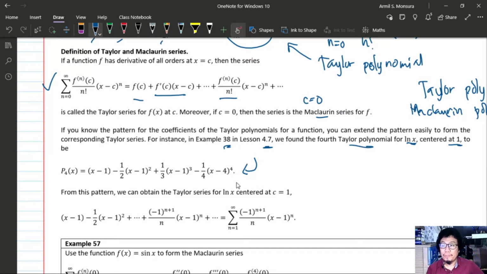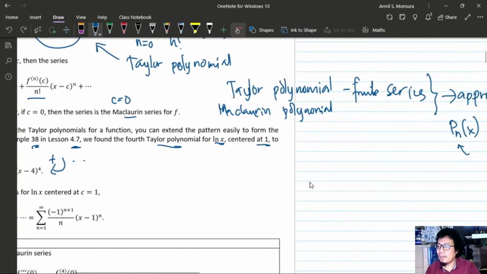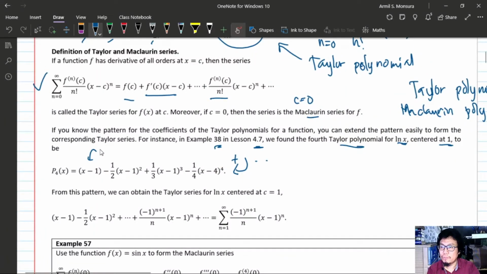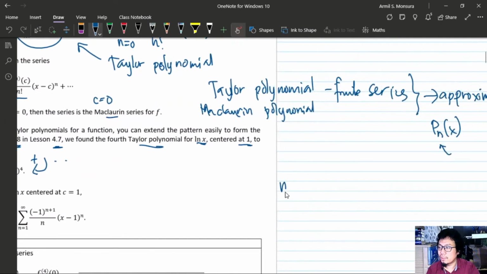Now, if we add all of the terms, this is just a fourth order polynomial. We can actually extend it to contain an infinite number of terms, so we can add the nth term. Following the pattern, when n equals 1, your term becomes x minus 1.